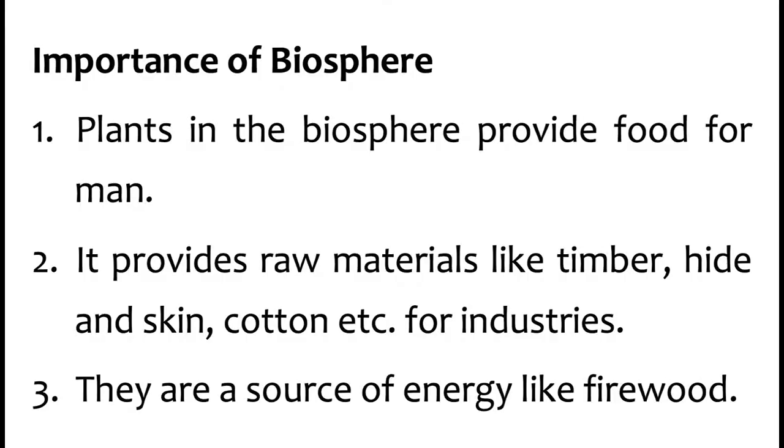And finally, for the fourth domain, we have the biosphere. One, plants in the biosphere provide food for man. Two, it provides raw materials like timber, hide and skin, cotton, etc. for our industries. Three, they are a source of energy like firewood.